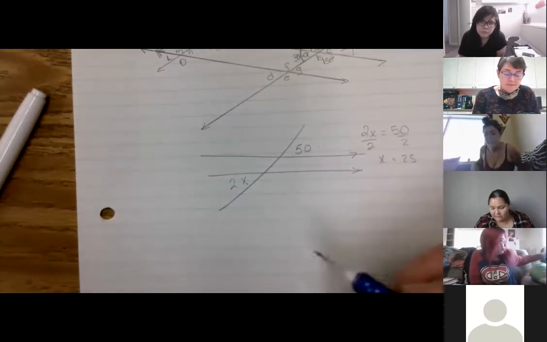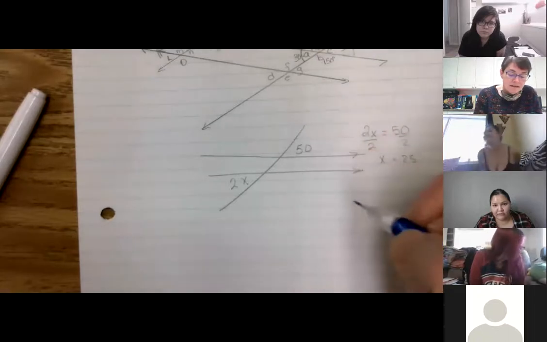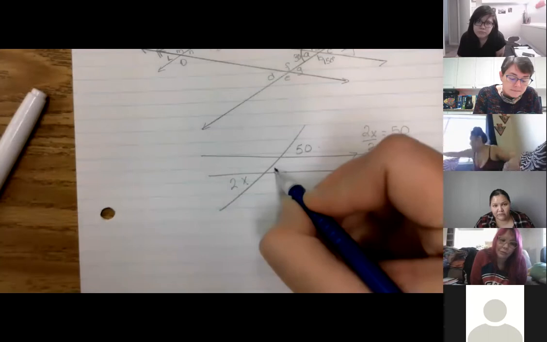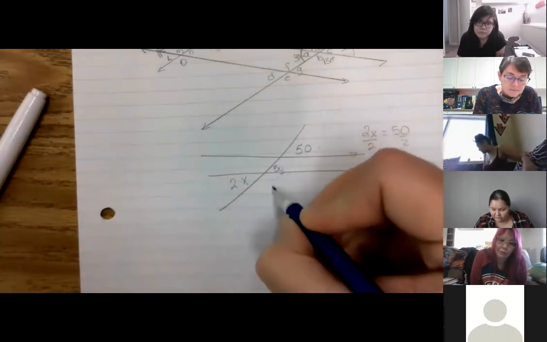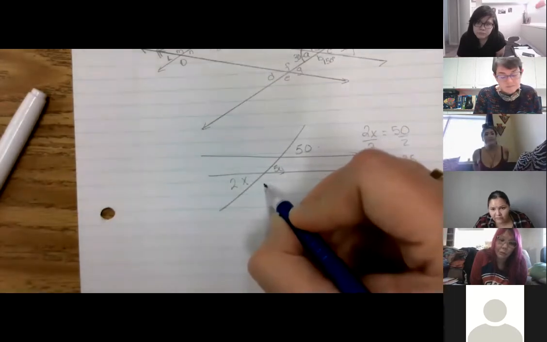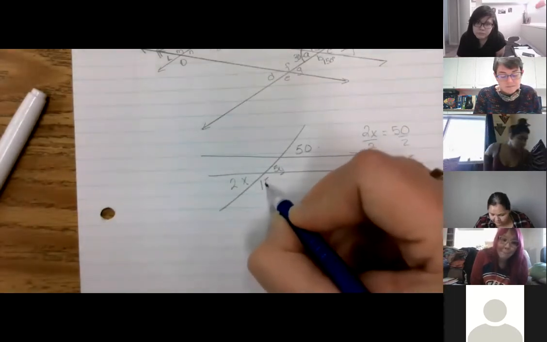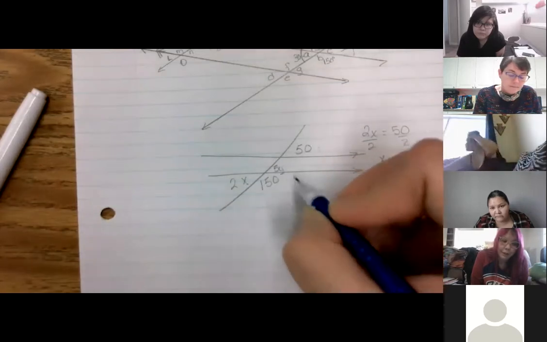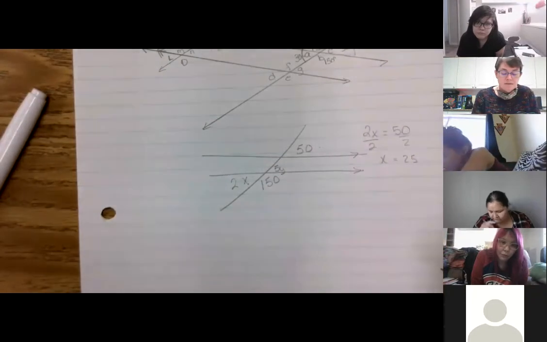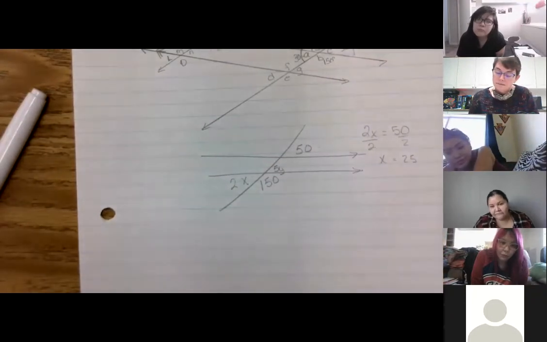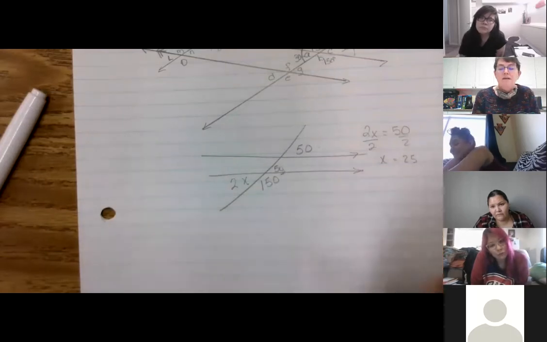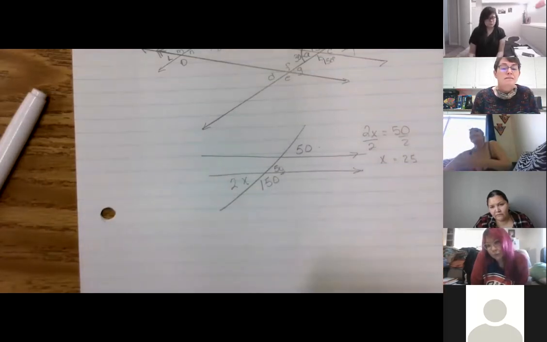What if I said this was, okay, that's 5y and that's 150. Clarissa, does the 5y angle and the 150 angle, are they the same size?